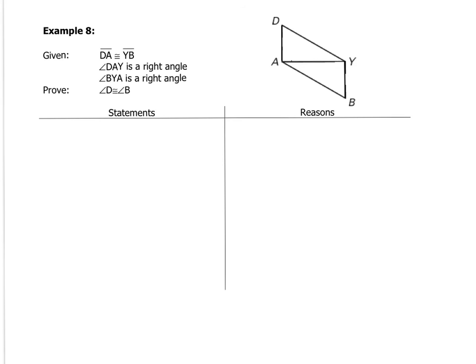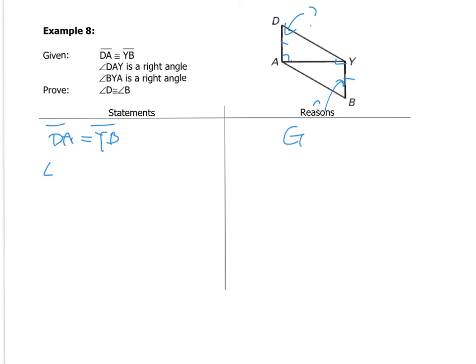In this example, we're given DA and YB are congruent, and then there are two right angles right here, and we're asked to prove whether this angle D and this angle B are congruent to each other. So let's see how we address this issue. We like the fact that we're already given that one pair of corresponding sides are congruent. So one thing is done.